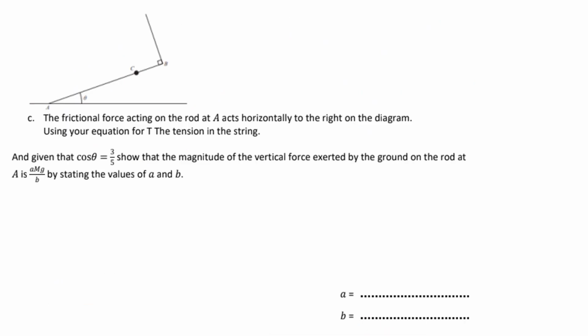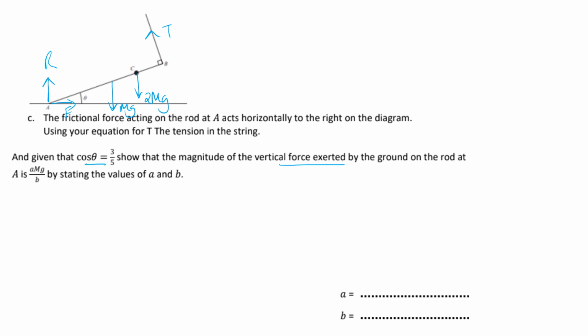The next part of the question is asking us to find the magnitude of the vertical force exerted by the ground. So let's put the forces back on. This is what we're trying to find, the R. We've got our friction, we've got our mg and our 2mg.